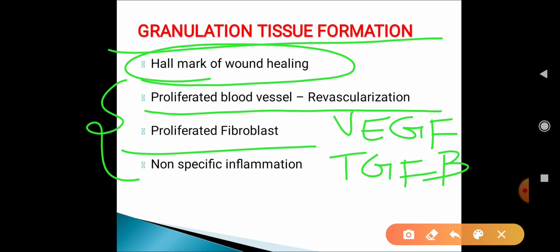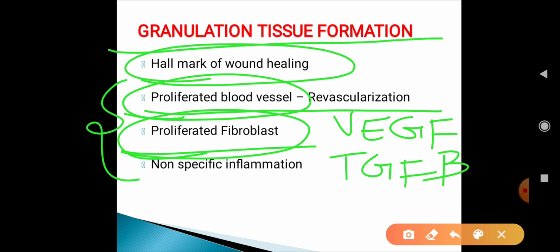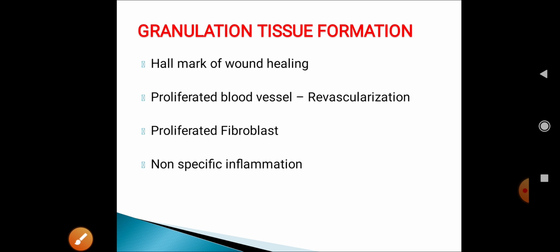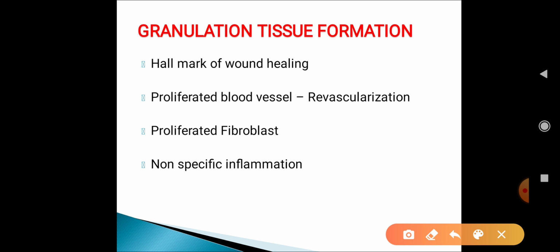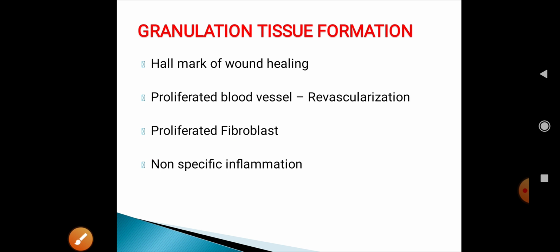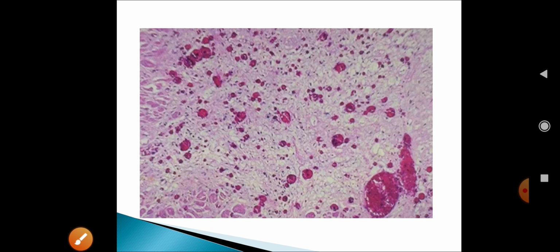So these two processes of newly formed blood vessel and the proliferated fibroblast are known by the name granulation tissue. Don't ever forget it. The granulation tissue is newly formed blood vessel and the fibrosis, right? And the granulation tissue is suggestive of non-specific inflammation. It is not specific, it is suggestive of chronic inflammation, right? So the granulation tissue will form in the wound healing, and it is the example of chronic inflammation.